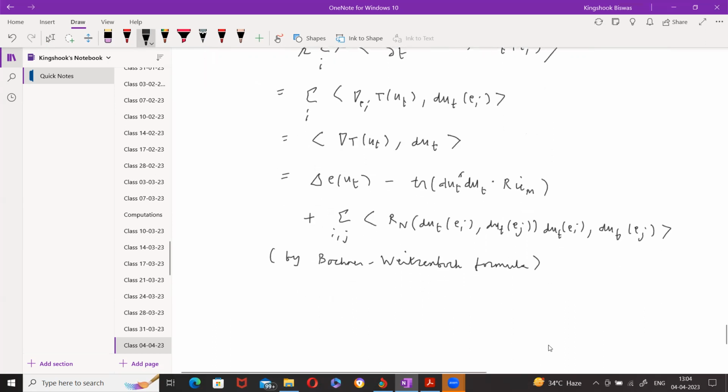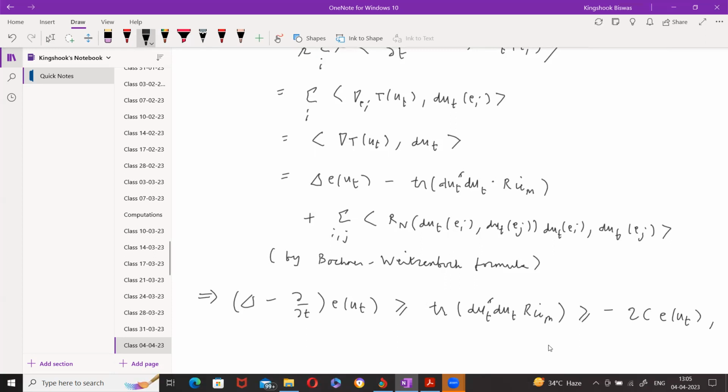So you take the terms to the other side, and then you'll see that Laplacian minus ∂/∂t of E(u_t) is greater than or equal to the trace of du_t* du_t Ricci_M, and this is greater than or equal to minus 2c E(u_t).